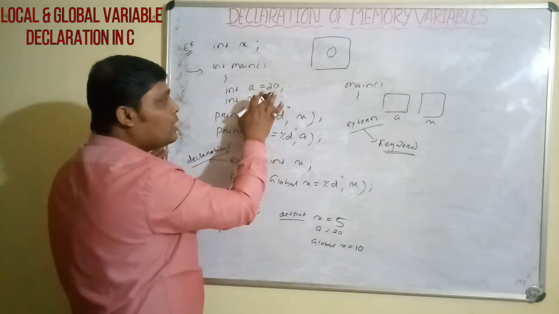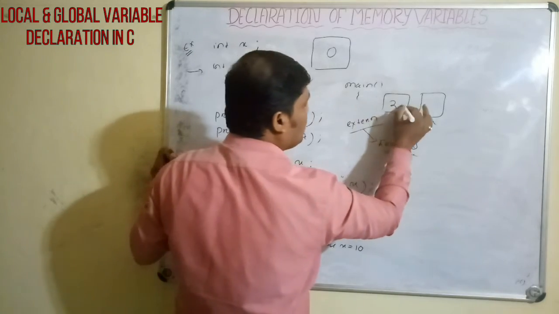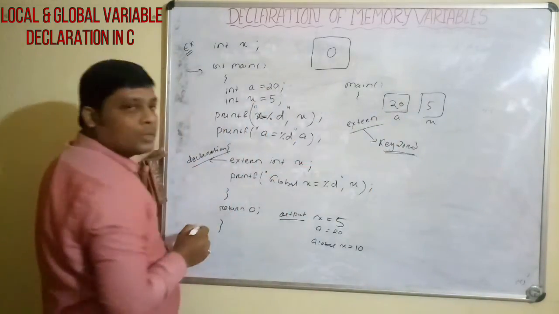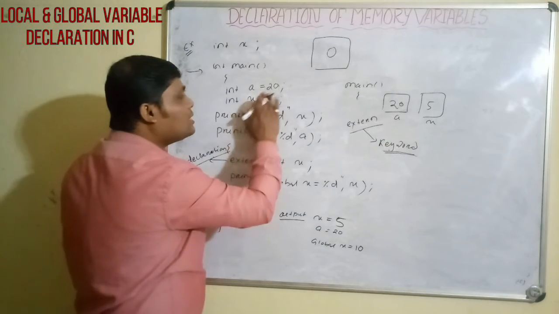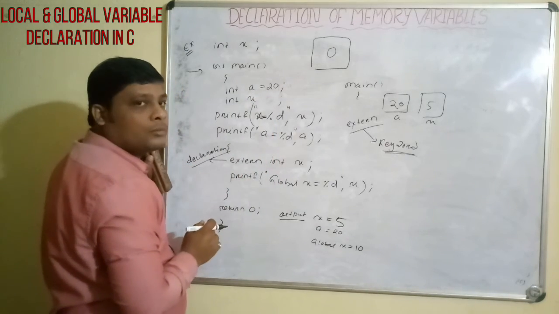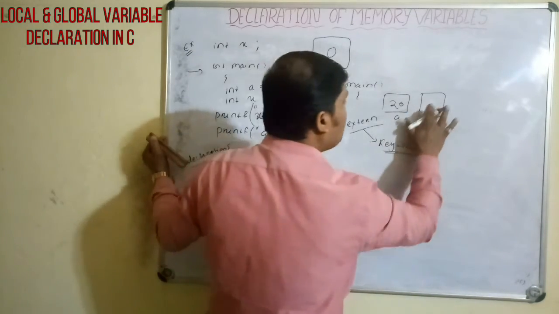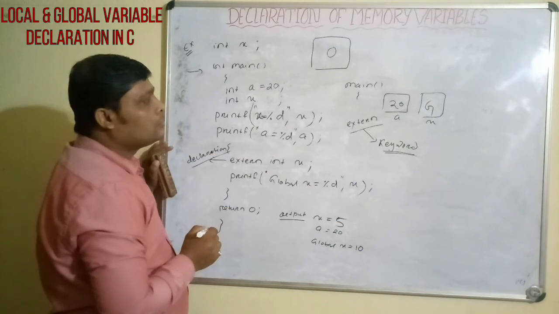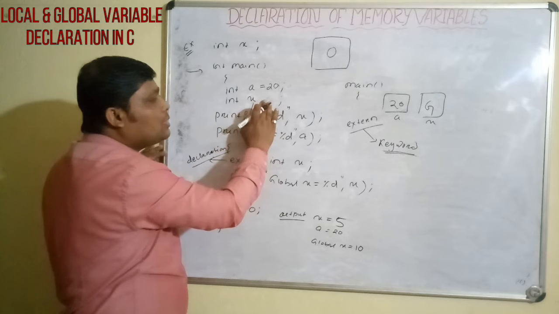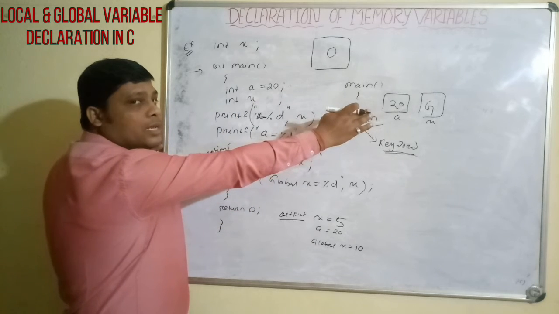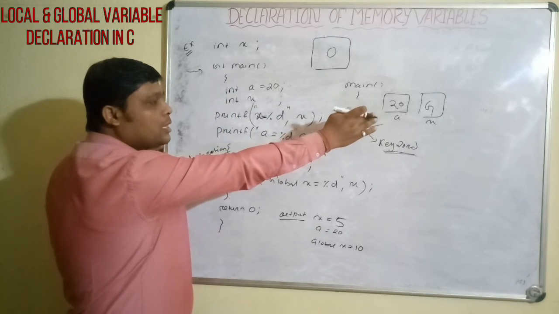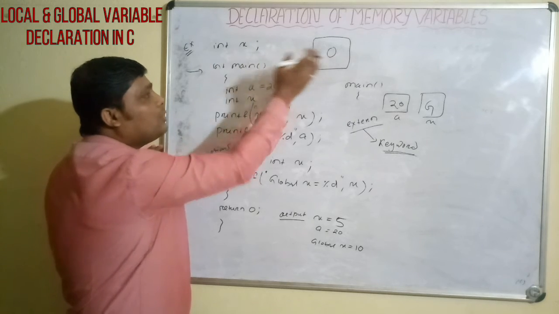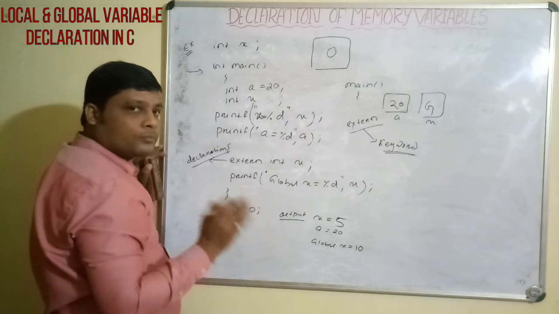Here I have initialized a to 20 and x to 5. If I do not initialize the variable here, it will be initialized to garbage value. Clear? If a local variable is not initialized, it will have a garbage value. If a global variable is not initialized, then by default it will be initialized to 0.